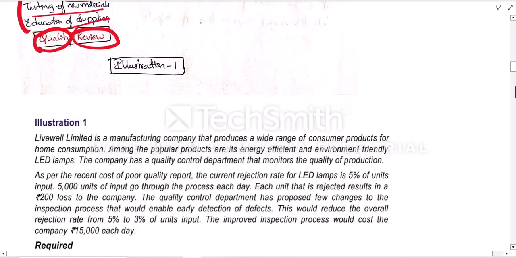And next, internal failure cost. It is the cost incurred to rectify the defects after production and before delivery to the customer. It means the company itself will find the defect and try to rectify it. And when coming to the external failure cost, it is incurred after the customer gives a complaint on the product.